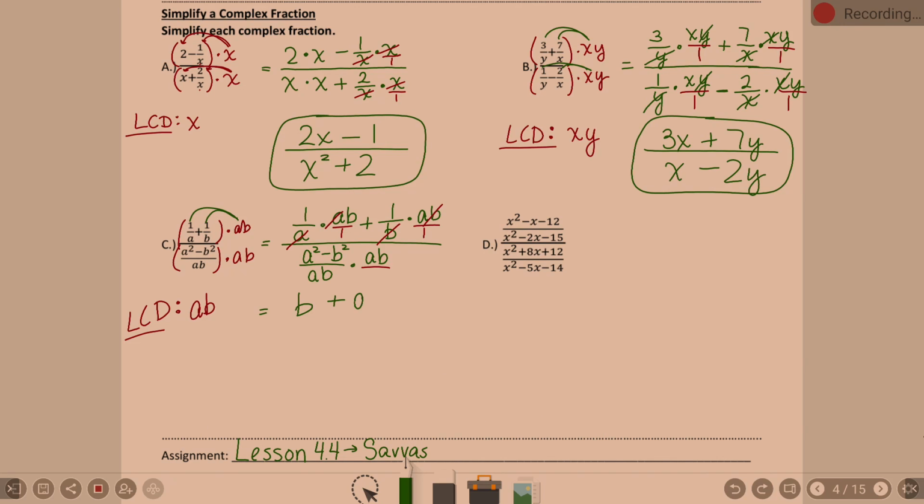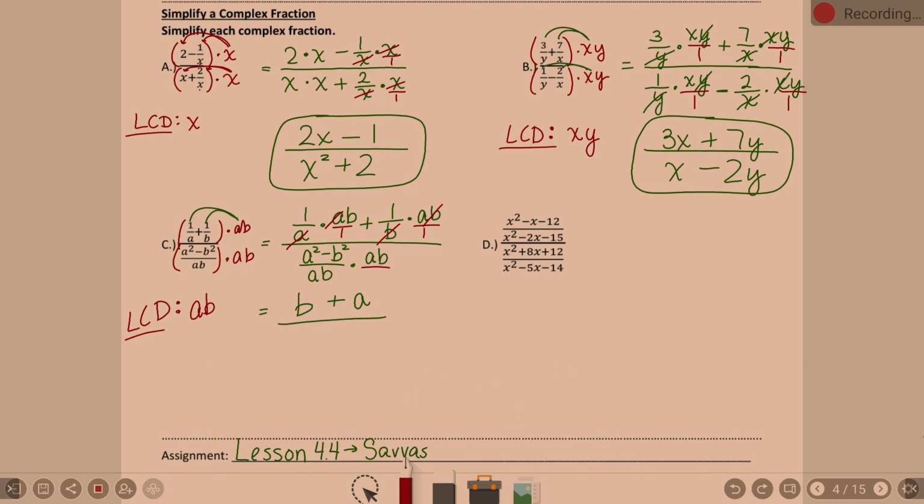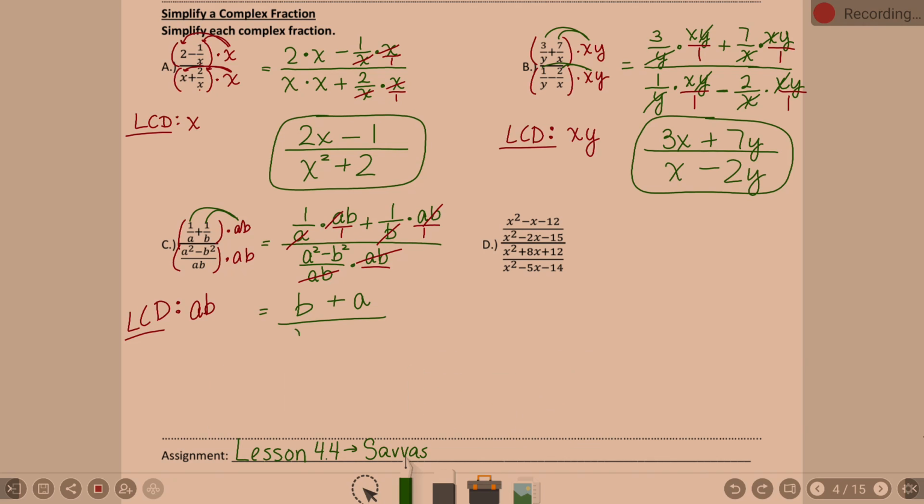Denominator. A squared minus B squared over AB times AB over 1. What cancels? AB cancels with AB, leaving me with A squared minus B squared. Does anything factor? Does anything cancel?